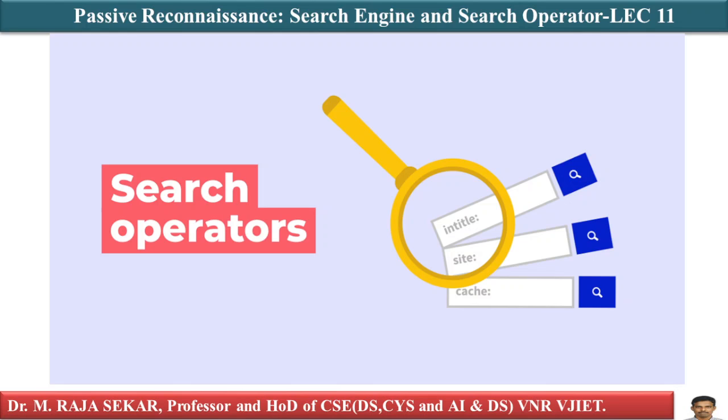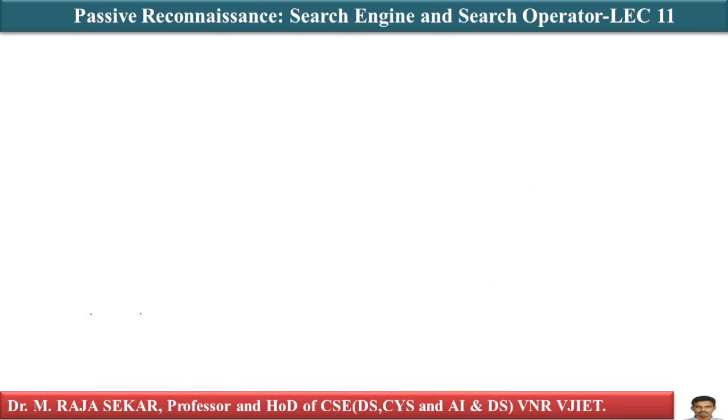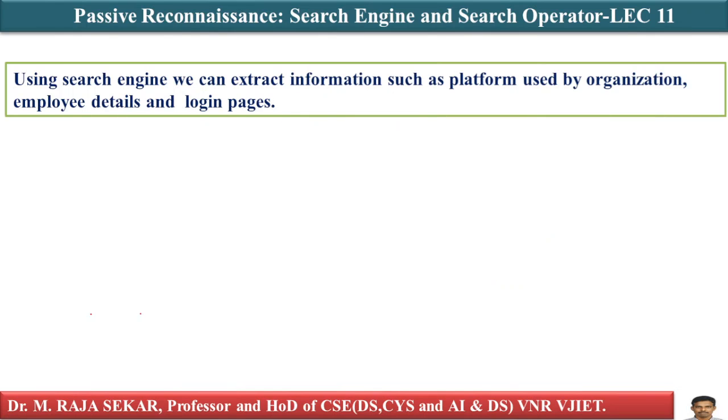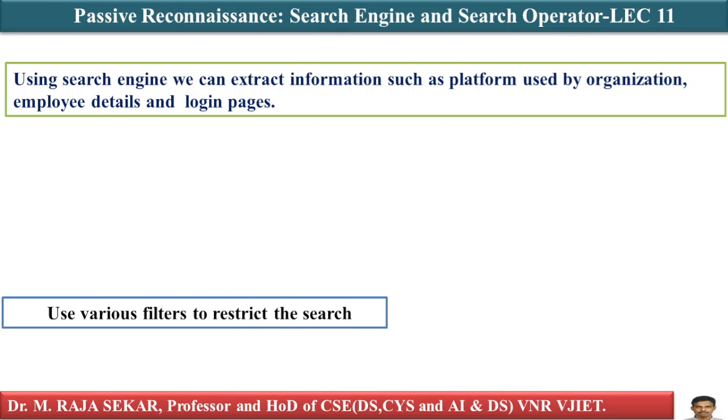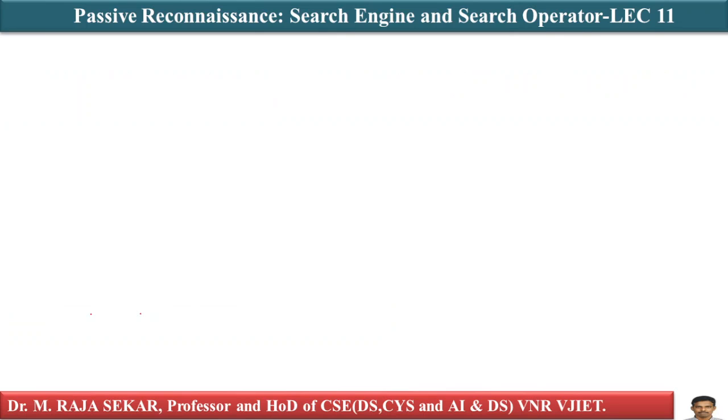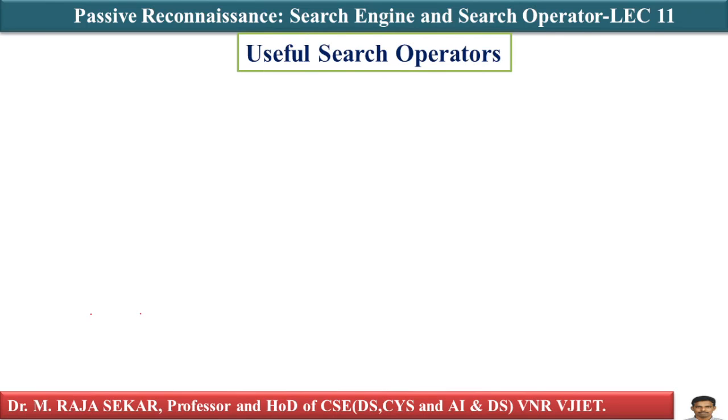So you can get a lot of information like what platform is used by the organization, employee details and login pages. If you know how to filter your search, you can get exactly the information you are looking for. Google supports the use of various search operators which allow users to narrow down and pinpoint search results.